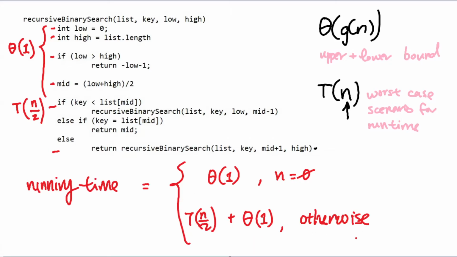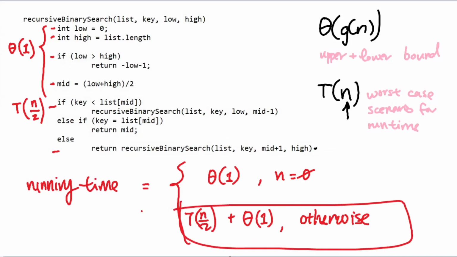Now we want to figure out what it does in the long run, as n gets larger and larger, and we consider the worst case scenario runtime T of n. As it gets larger and larger, we're going to have to cut it down more and more times.